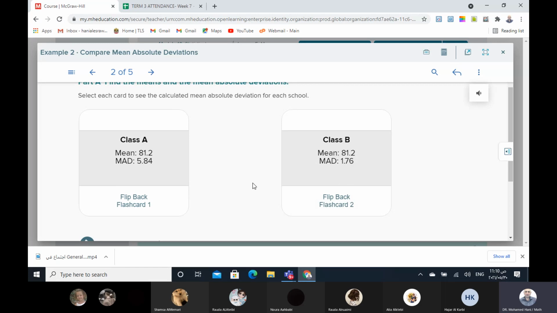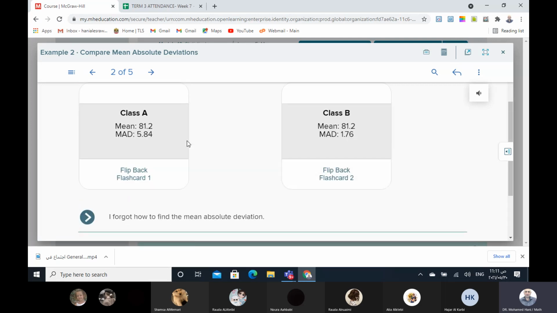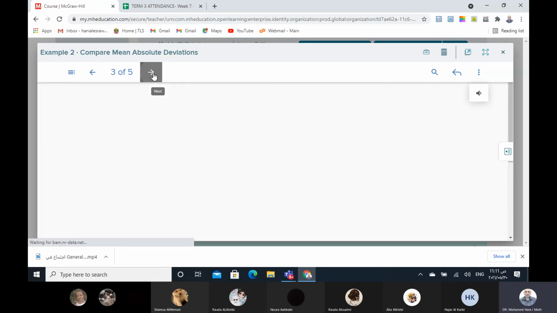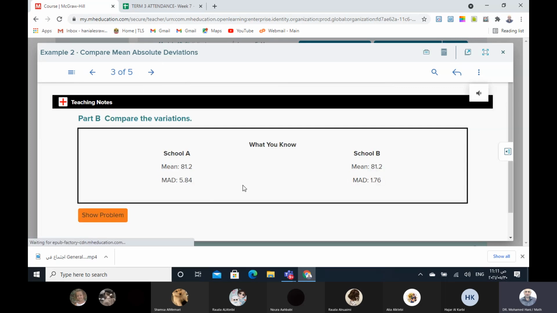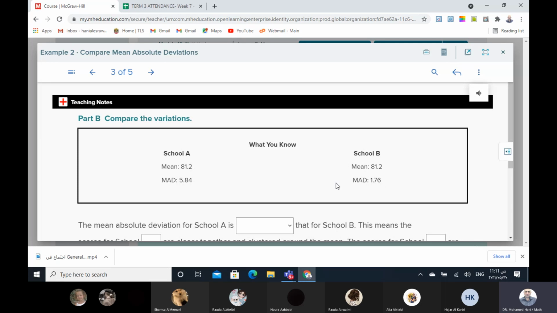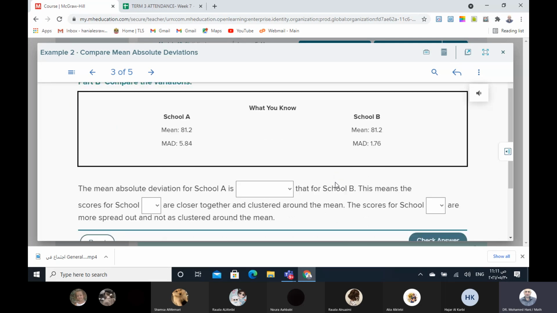But here we have a different mean absolute deviation, 1.76. So when you compare the results, we have the same mean but different mean absolute deviation. So the mean absolute deviation for school A is less than, equal to, or greater than that for school B? Who can answer me?